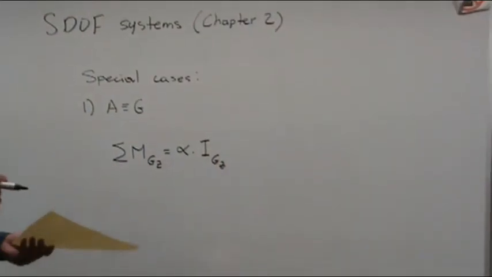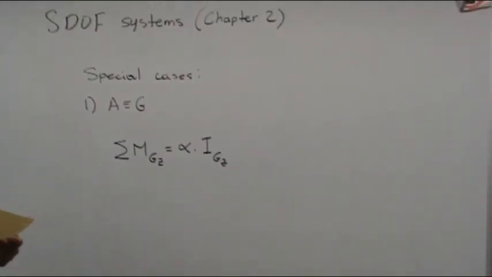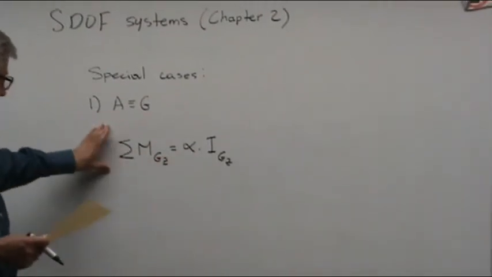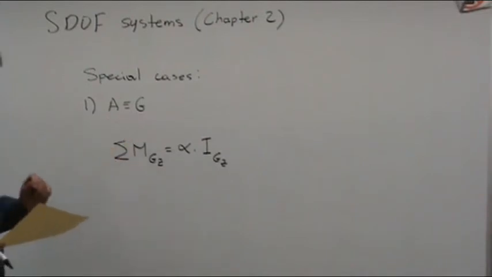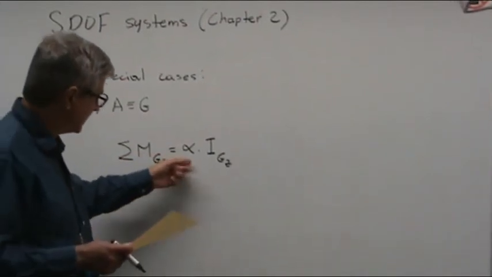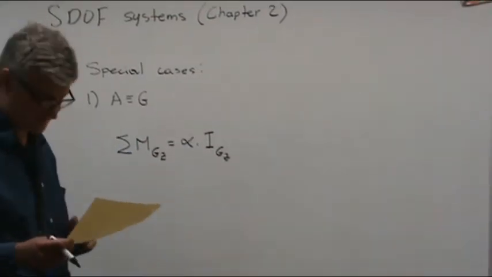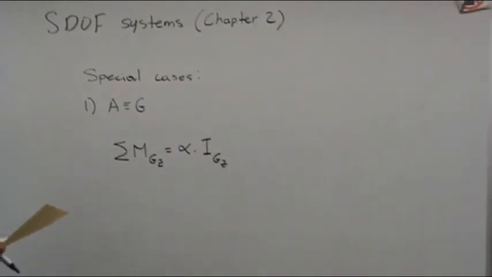Okay? So if you try to write the equations of motion with respect to the center of gravity, then this is good because it's a very easy equation to remember. The summation of all the moments is equal to the angular acceleration times the moment of inertia about the center of gravity. Okay, so this is one case.